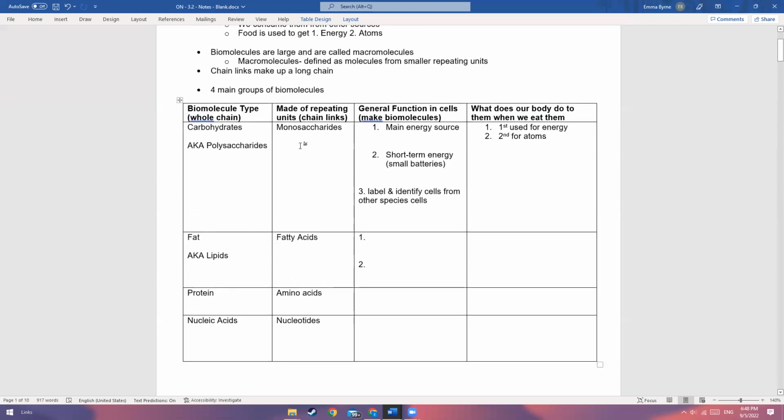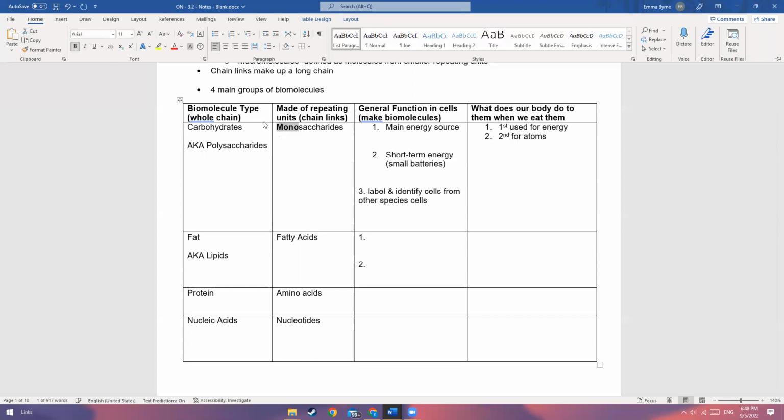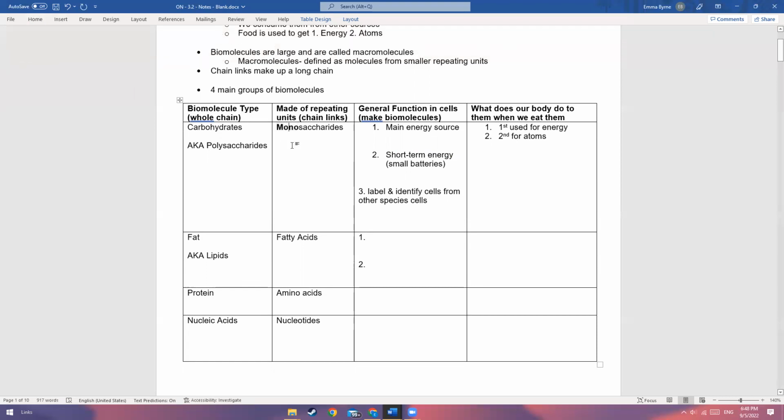The other important thing here to talk about is to go back to that chain link versus whole chain idea. So mono as a prefix means one. So if we go under here and we say one sugar, mono means one, and saccharide is, I believe, Latin for sugar.